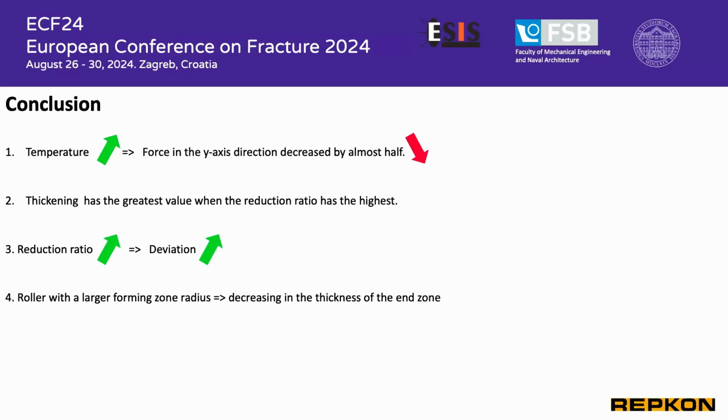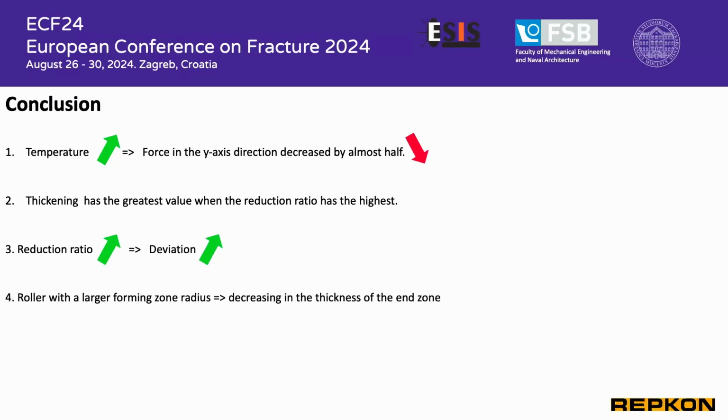That's what I was trying to say. It has the greatest value when the reduction ratio has the highest value as well, and I explained that shortly before. Reduction ratio and deviation, I also explained just before.